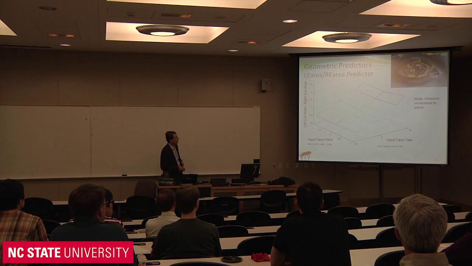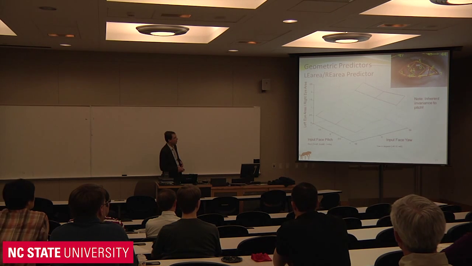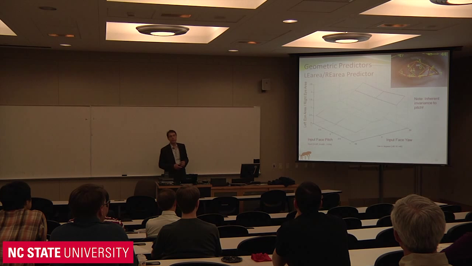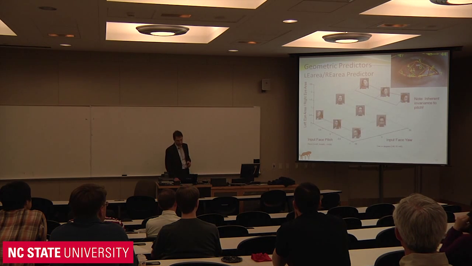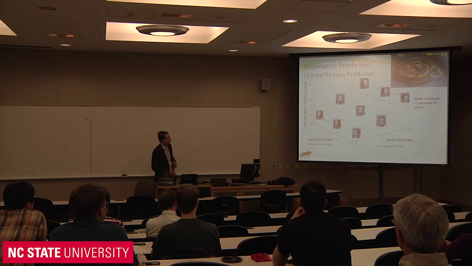You do that, and you can see that you get a surface that varies with yaw, because it just changes slope as the yaw changes, but does not vary with pitch. So we can do pitch-independent detection of yaw using this predictor. This is approximately how the different face poses correspond on that surface. So this is just one.